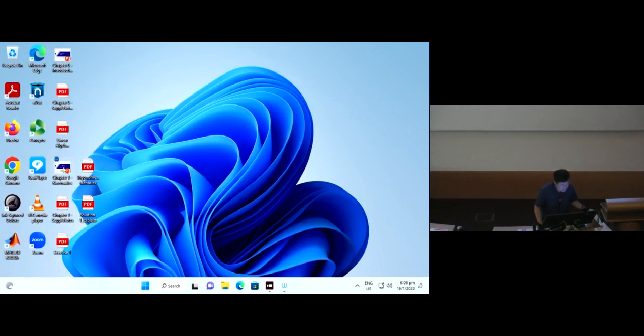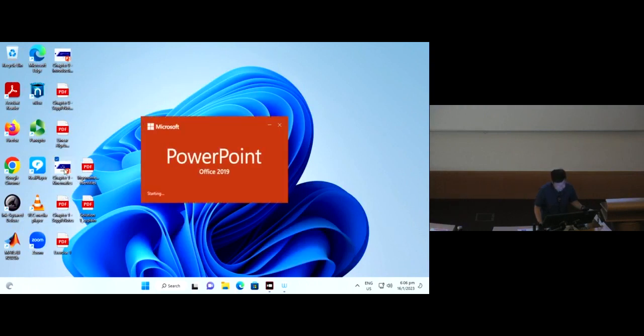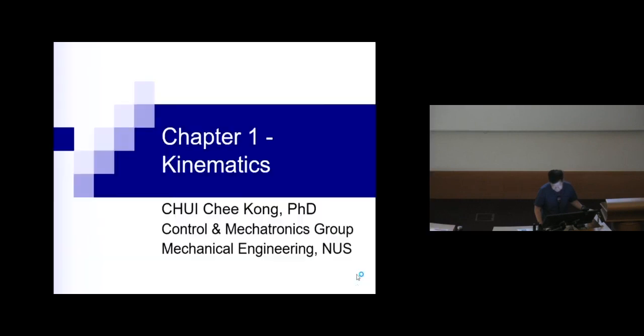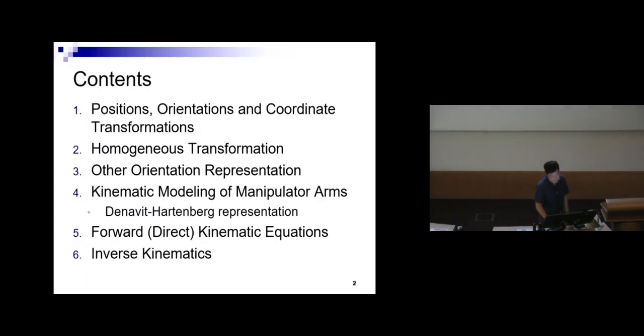Now we move on to chapter 1. We are going to deal with kinematics.